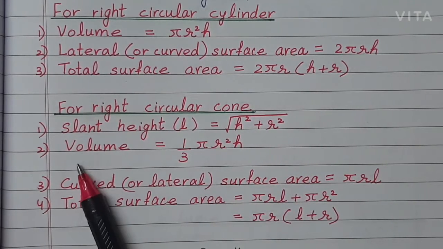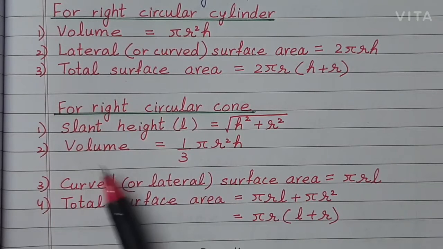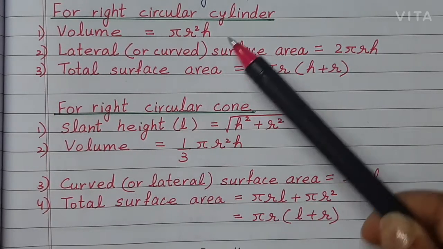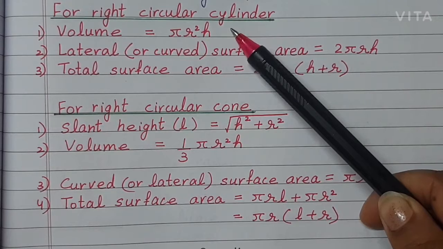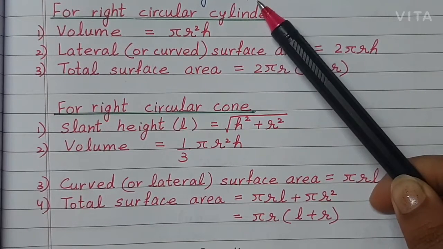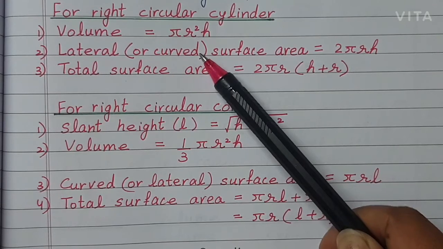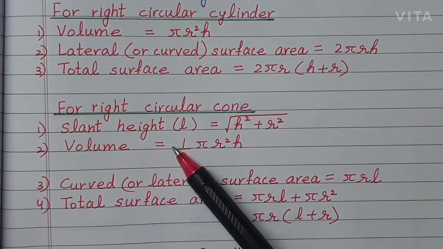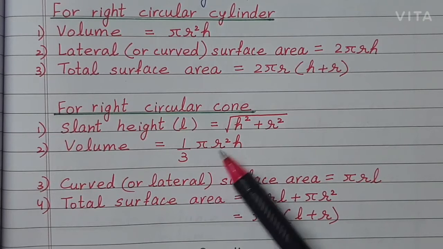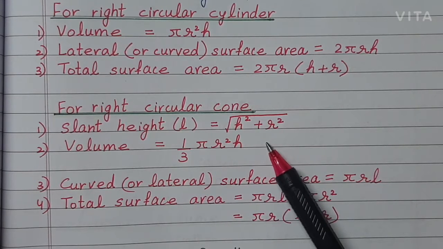The volume of a cone is actually 1/3 of the volume of a cylinder. Volume of cylinder is pi r square h and volume of cone is 1/3 pi r square h.